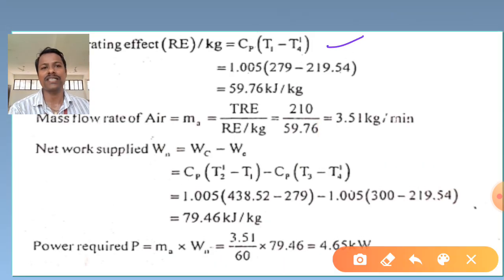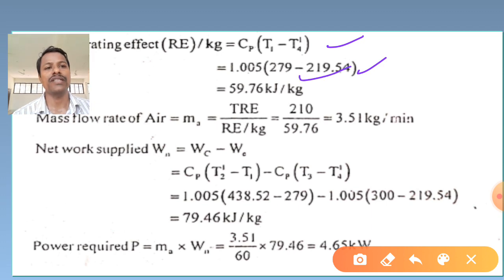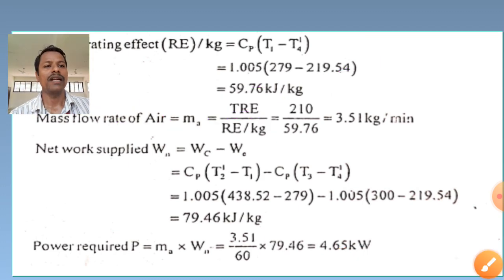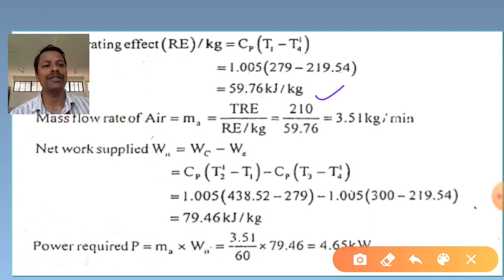It is not T1 minus T4, please remember T4 dash, because it is the actual cycle problem. So T4 dash we have calculated. So refrigeration effect per kg, and the mass flow rate of refrigerant or air, m_a, is given by total refrigeration effect divided by refrigeration effect per kg, as we have discussed in the previous problem. And finally I am able to substitute the values, and this is 3.51 kg per minute.